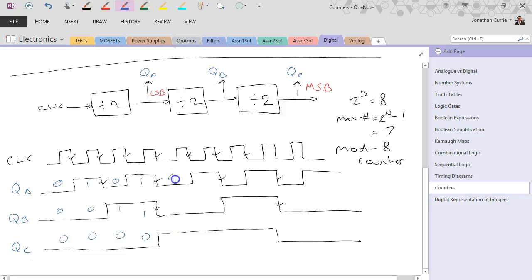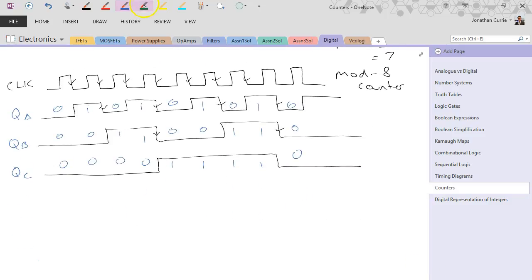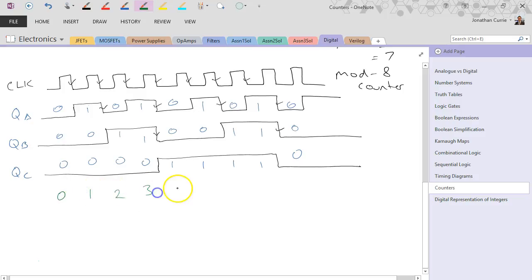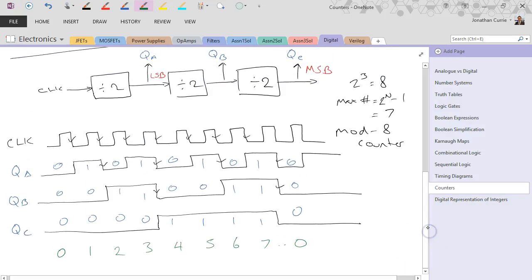Now, if we write down the binary associated with each state, we'll start to see a pattern. If I write down underneath the number in binary, 0, 1, 2, 3, 4, 5, 6, 7, and then back to 0, you can see how we've made a counter.